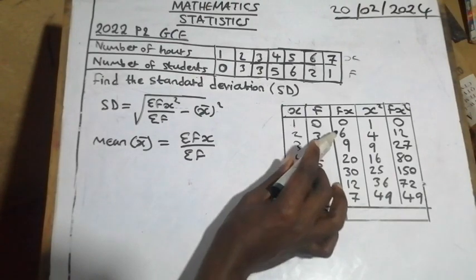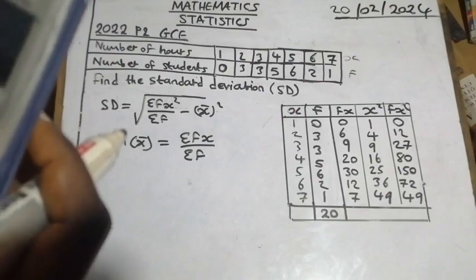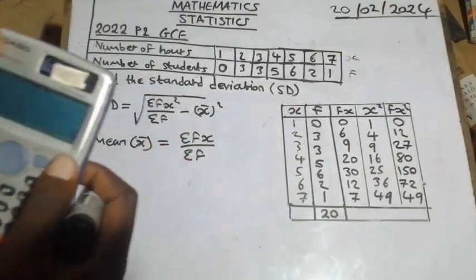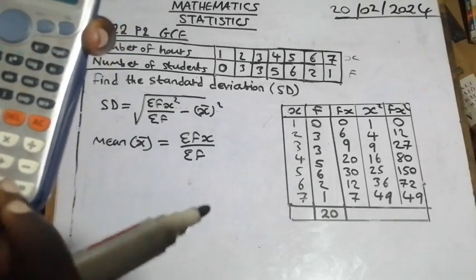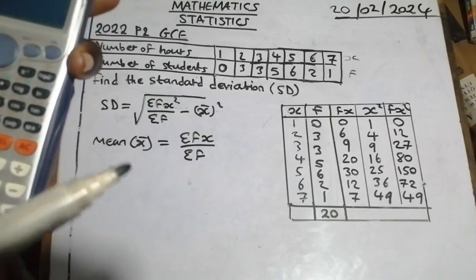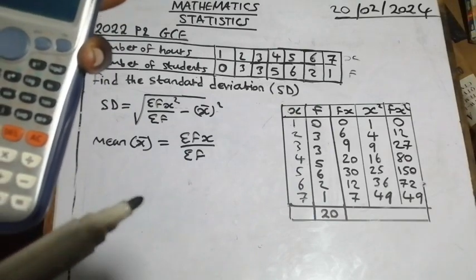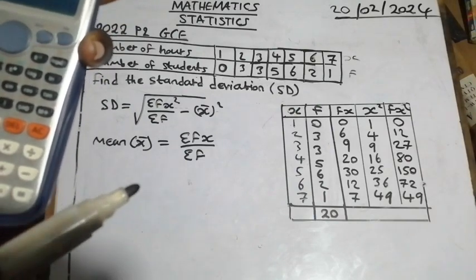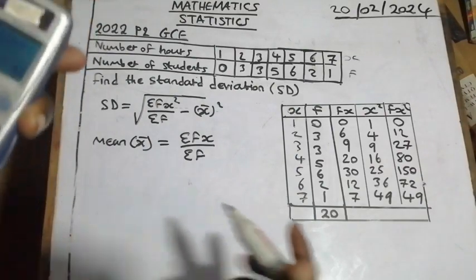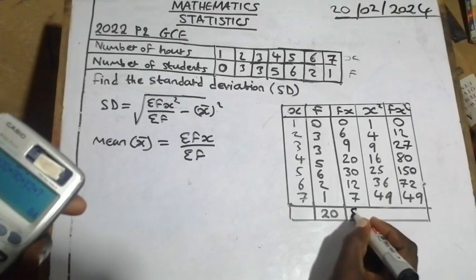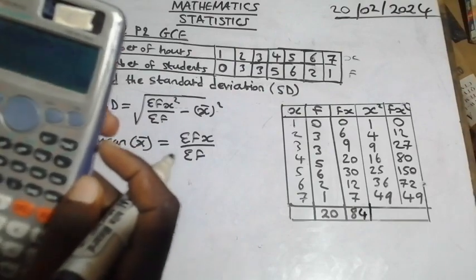Then we also need to add the column for fx. So 6 plus 9, then plus 20, plus 30, plus 12, plus 7, which gives 84. So we are getting 84.